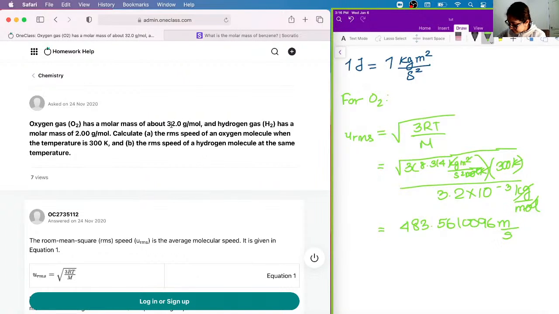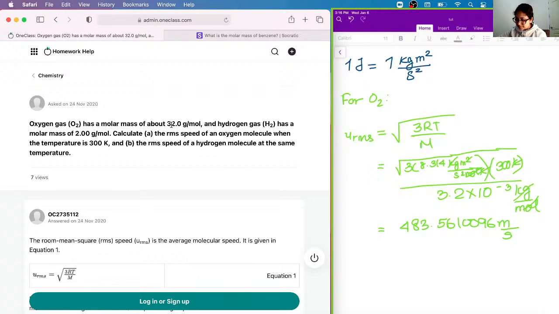Since the squares get cut out because of the square root, the RMS speed of oxygen is 483.56 meters per second. Okay.